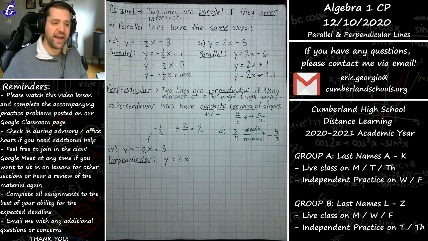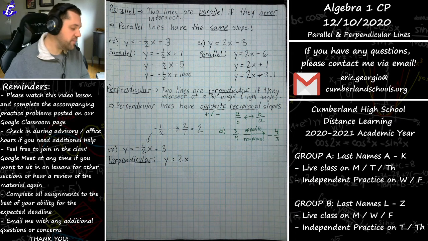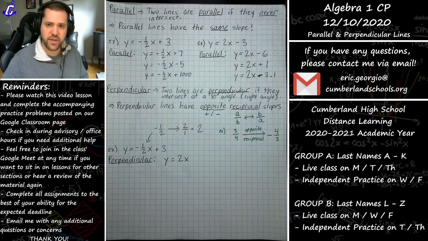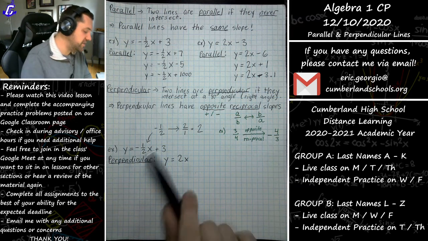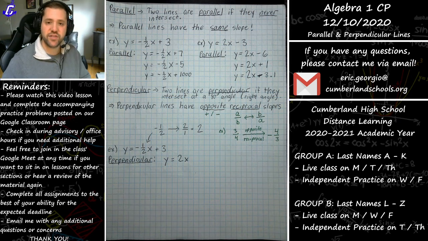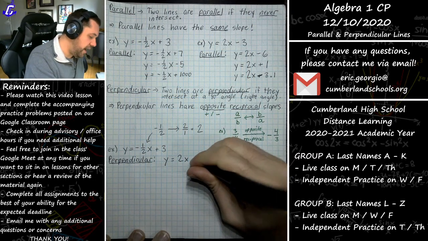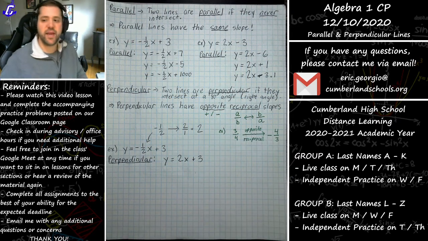But what about the y-intercept? Well, the y-intercept can really be whatever you want it to be. It can be the same, plus 3 if you want to leave it the same, or it can be something else. If the only instructions are to just write a line that's perpendicular to this, you can make that y-intercept whatever you want it to be. All right? So I always say to myself, why make it harder than it has to be? Why not just keep it the same?